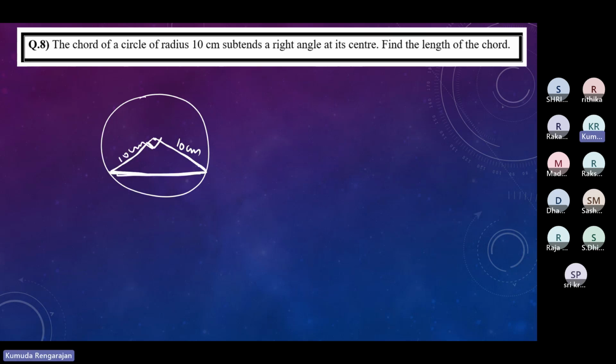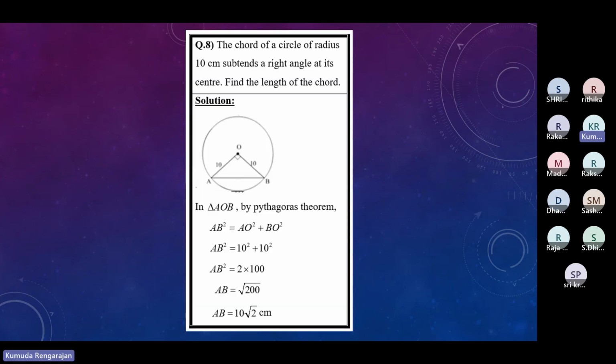So how do you find the length of the chord? By Pythagoras theorem. Very good. Yes, by Pythagoras theorem. Yes, children, take it down.